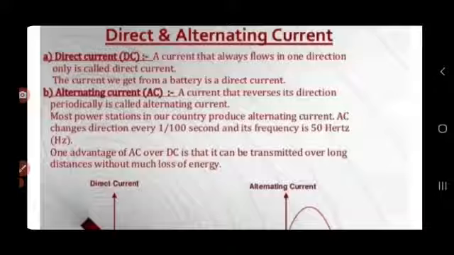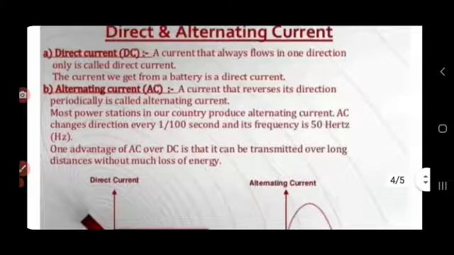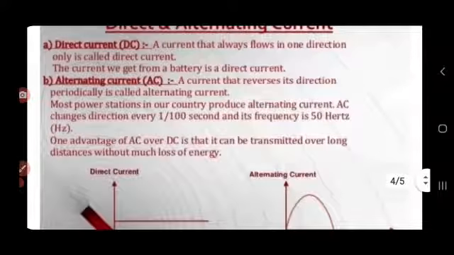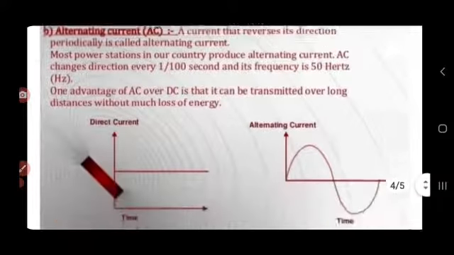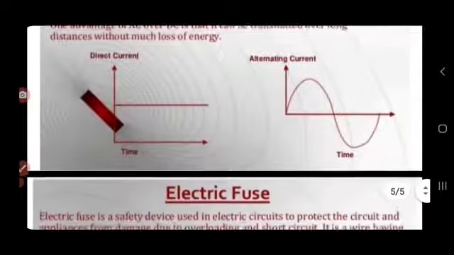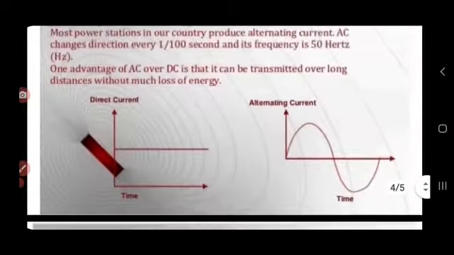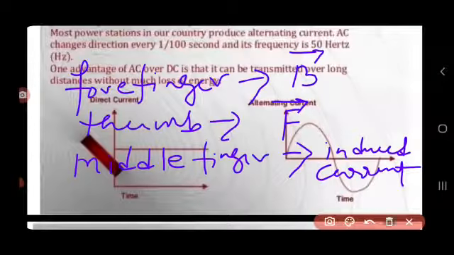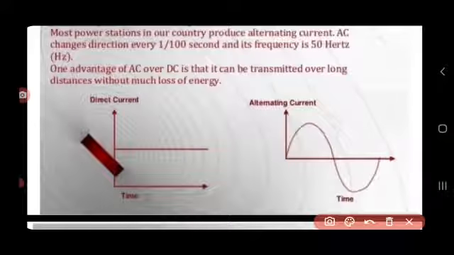Gradually the magnitude of current goes on increasing, and at the top magnitude of current is maximum, that is called peak value of current. Then gradually magnitude of current goes on decreasing, comes to 0, again increases but in opposite direction.